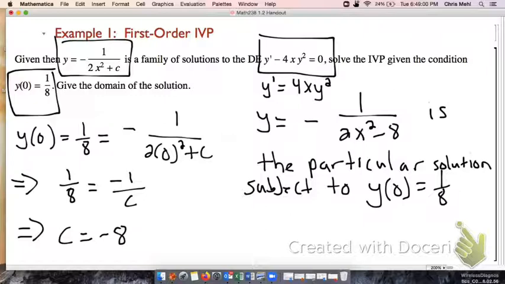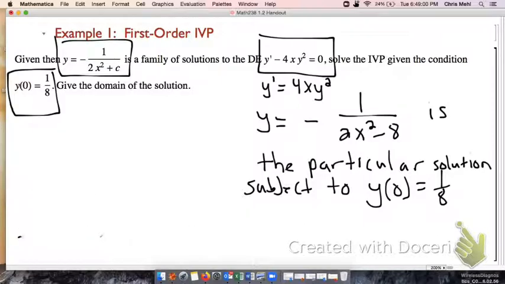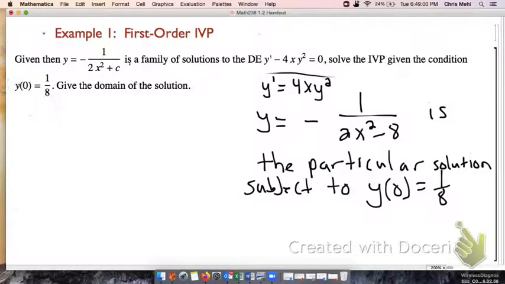I'm going to keep my initial condition highlighted, or maybe I'll box it. My initial condition happens at x equals 0. So I'm going to choose the largest interval for which my solution and its derivatives are continuous that also contains x equals 0.